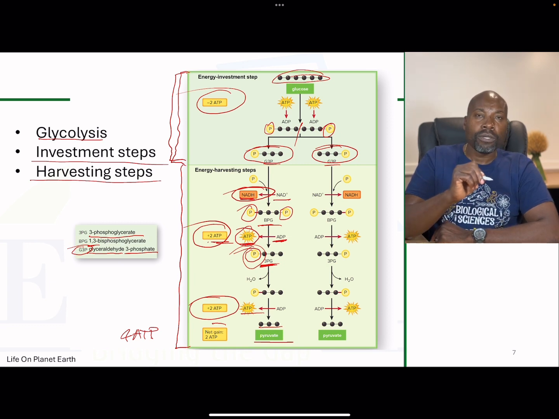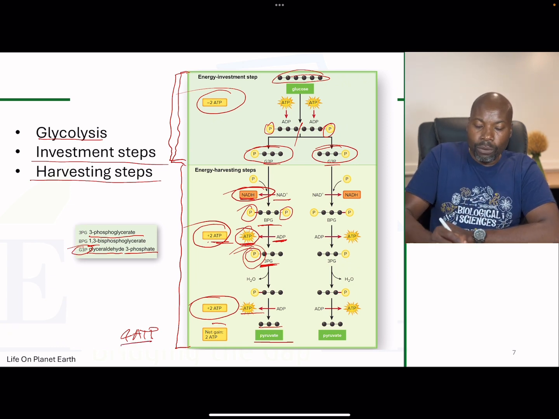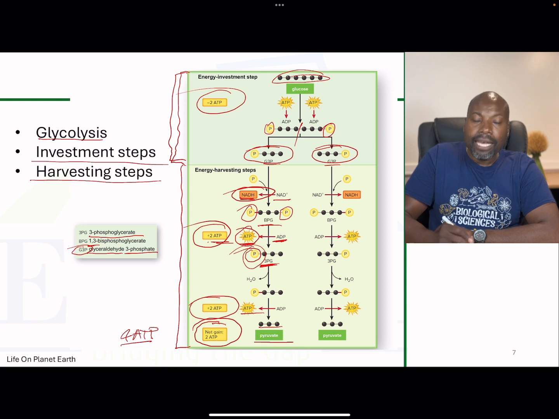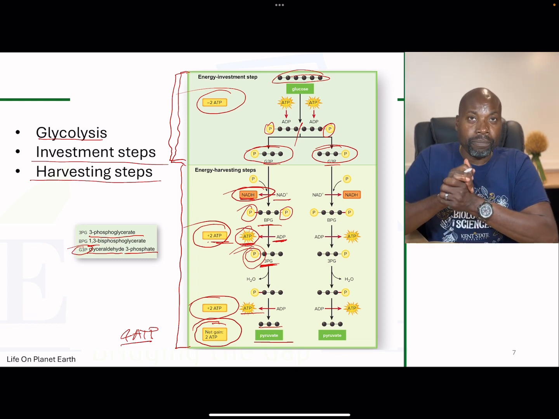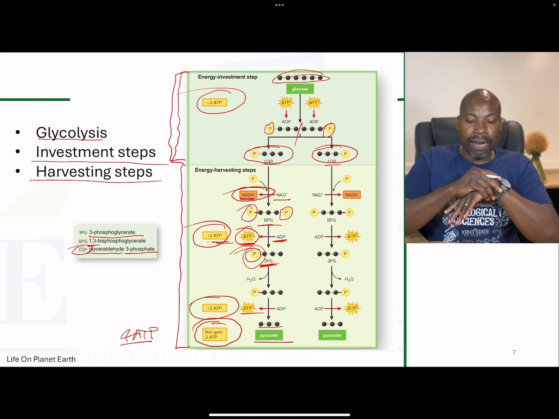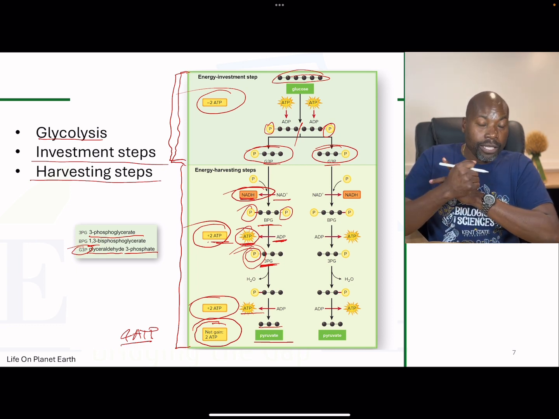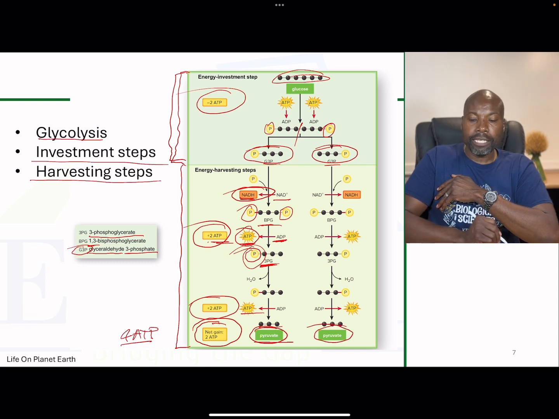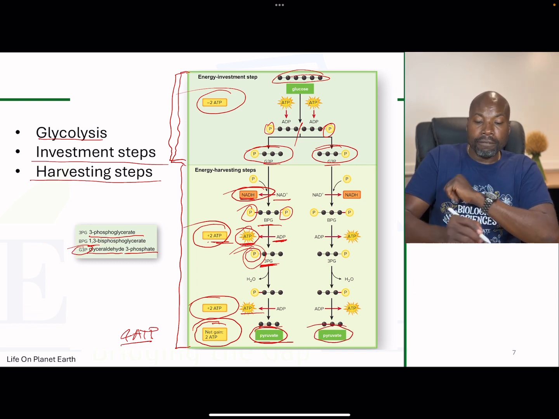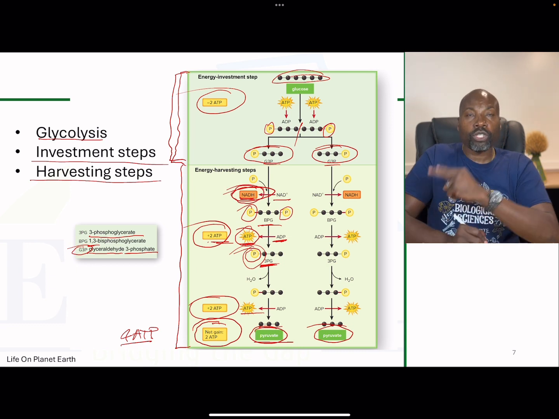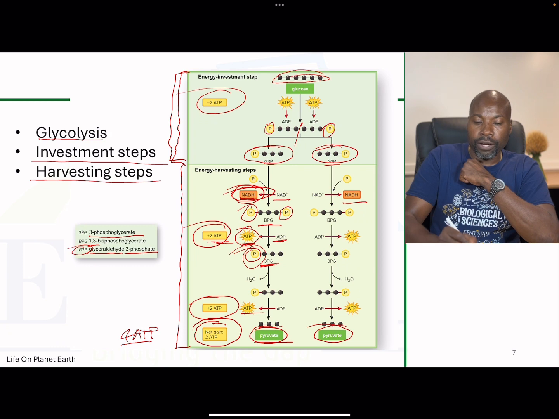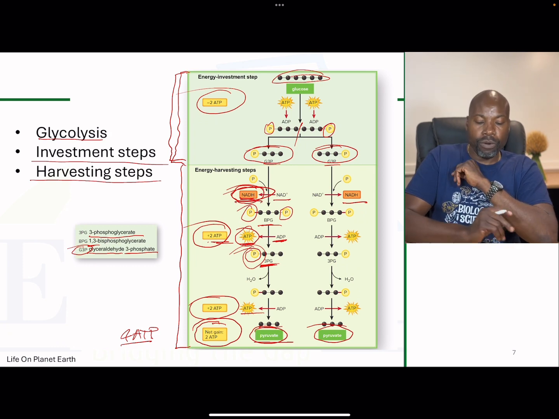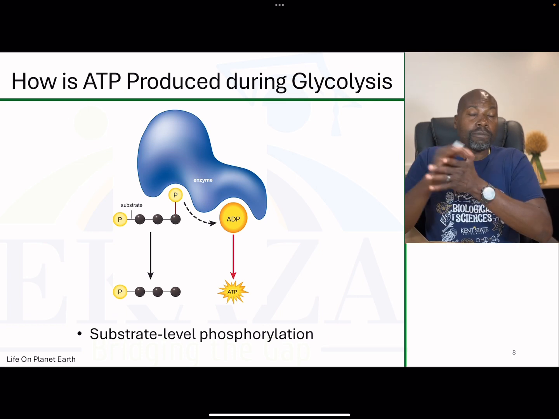So we have to subtract these 2 ATPs from the 4 so that at the end of the day, we have 2 net ATP that are gained from glycolysis, all right? So 1 glucose comes in, 2 net ATPs are produced, 2 pyruvate molecules are produced, right? Now, we also do have NADH that are produced, 2 of them, right? Because one over here, another one over here, right? So remember that, the input and the output, okay?